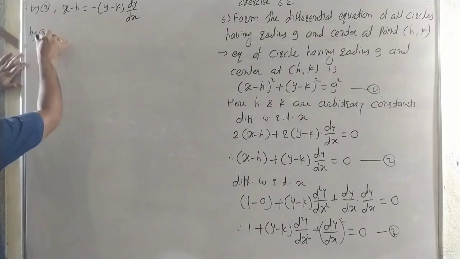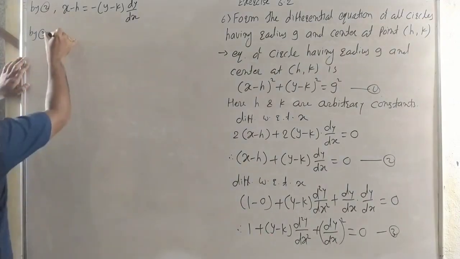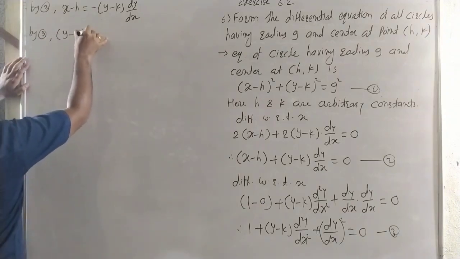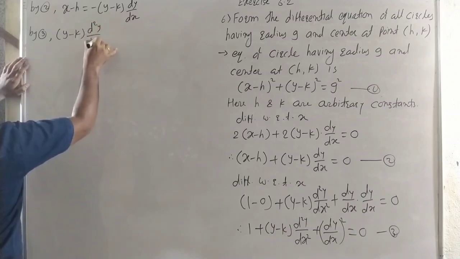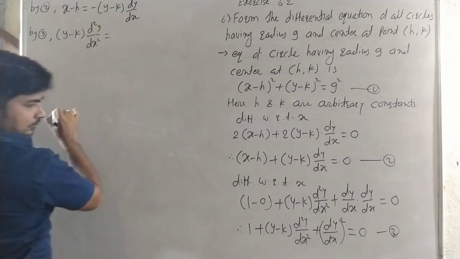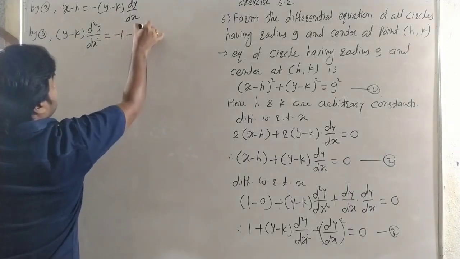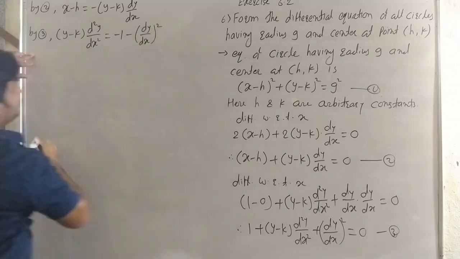Now this x − h, and by equation number 3 we get, see carefully, (y − k) d²y/dx² is equal to minus 1 plus (dy/dx) whole square.